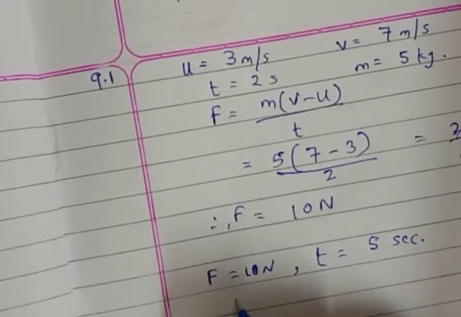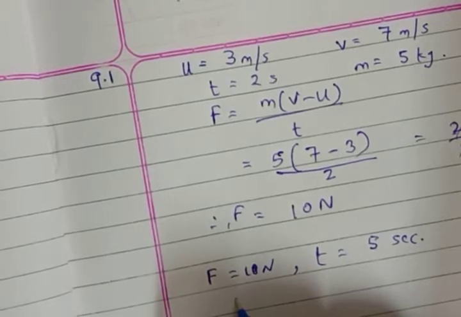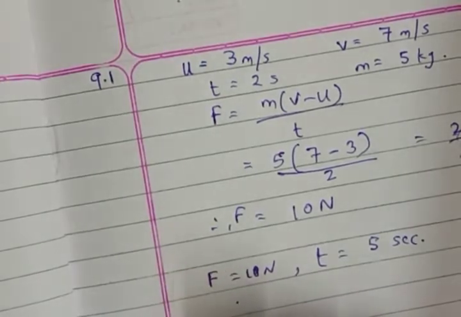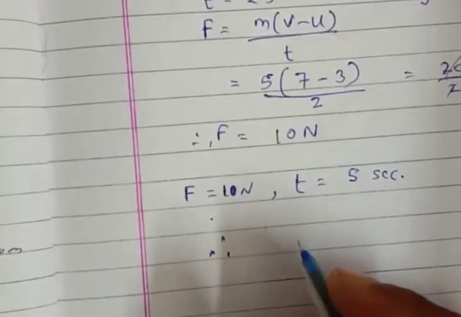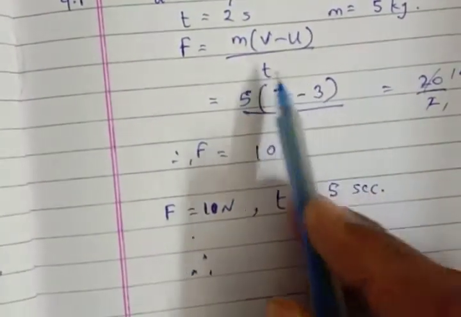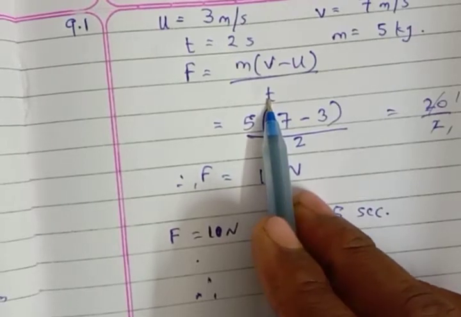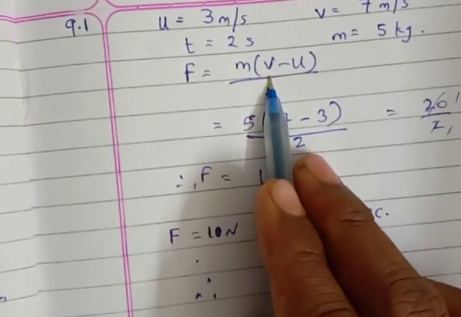So now we will rearrange this formula, and what we have to calculate? The final velocity. Therefore, now on rearranging this formula, why we have to rearrange? We want to find the final velocity.